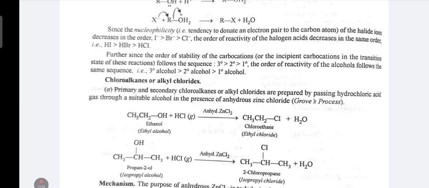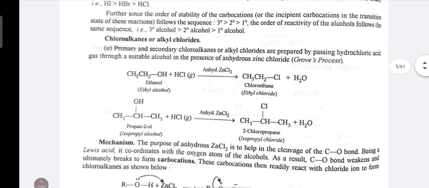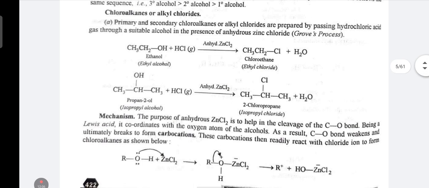Chloroalkane or alkyl chloride. Primary and secondary chloroalkanes are prepared by passing hydrochloric acid gas through a suitable alcohol in the presence of anhydrous zinc chloride, that is used in the Groves process. Ethanol in the presence of HCl gas and anhydrous zinc chloride forms ethyl chloride with water.